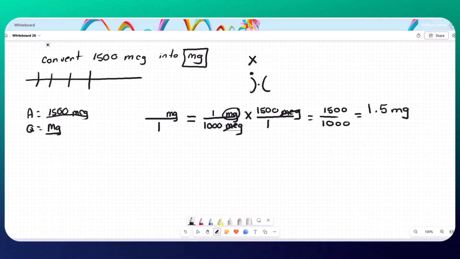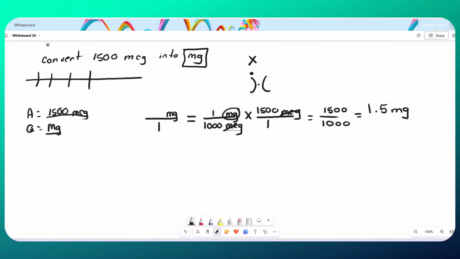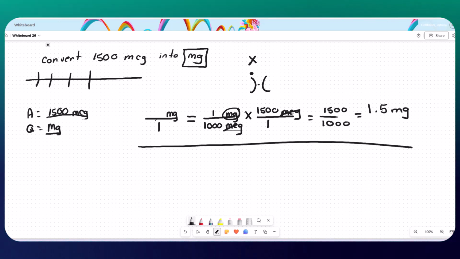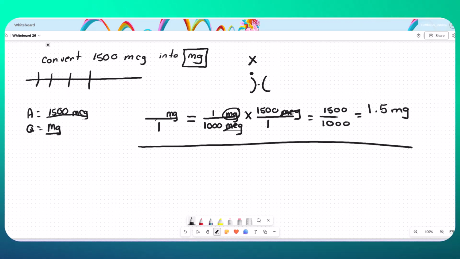It doesn't matter. Weight, time, it's all units of measure, and it's all going to follow this same format. Okay, you're going to learn how to set up this pattern by making sure you do milligrams, or whatever you're being asked for, equals, same at the top, and that's what's going to begin your cross cancellation.